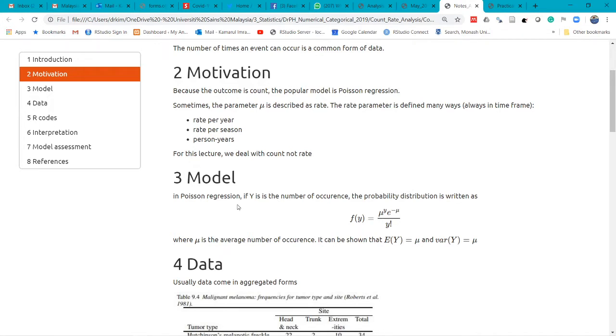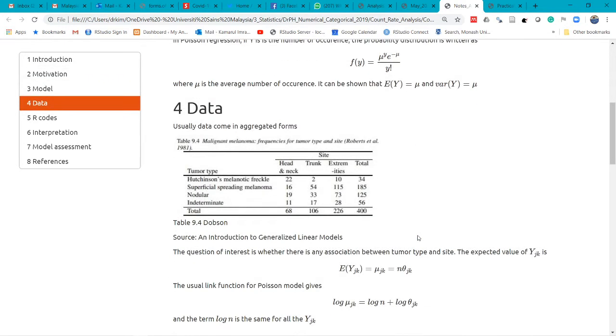This is the Poisson regression model with the probability distributions written as this. If you look at one of the examples from Introduction to Generalized Linear Model by Dobson, this is an example of data that have been tabulated.